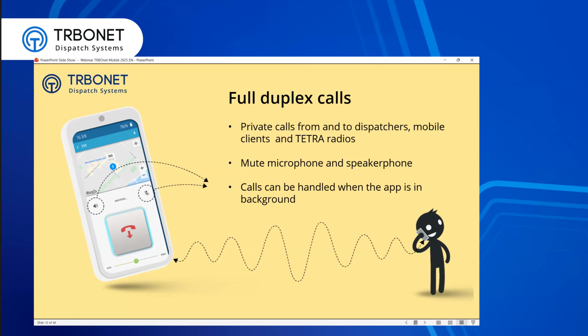Full duplex calls will also allow you to use DTMF tones while in the call, in case you need to send out an automatic message to an external service. So DTMF tones are also available on full duplex calls.